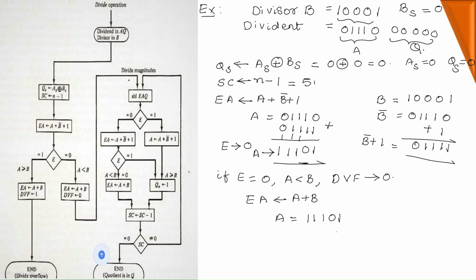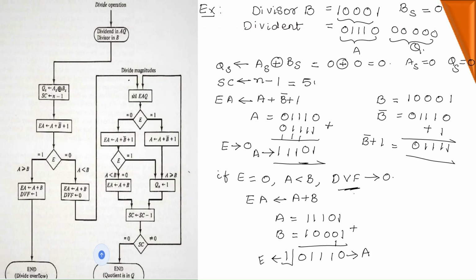To this you have to add B, which is 10001. So you will get 1 plus 1 is 10, and so on, giving a carry which is stored in the E flip-flop, and this is the value of A. Since DVF is equal to 0, there is no overflow.